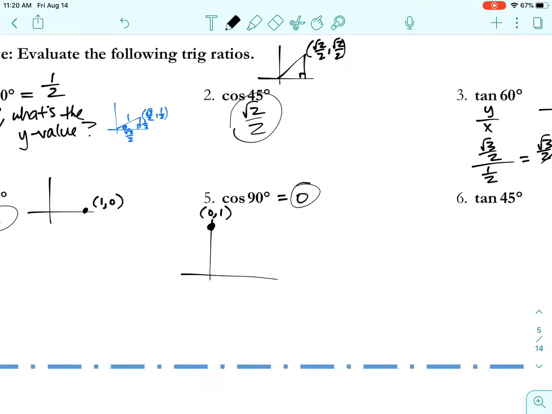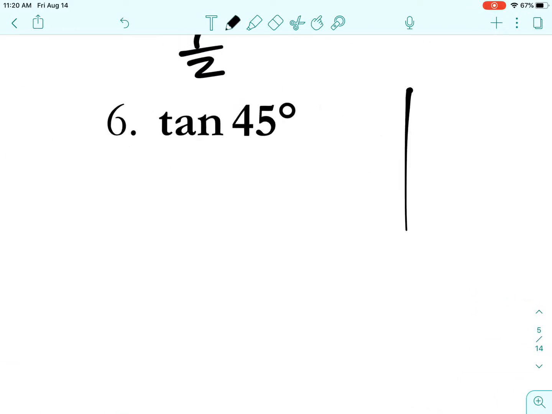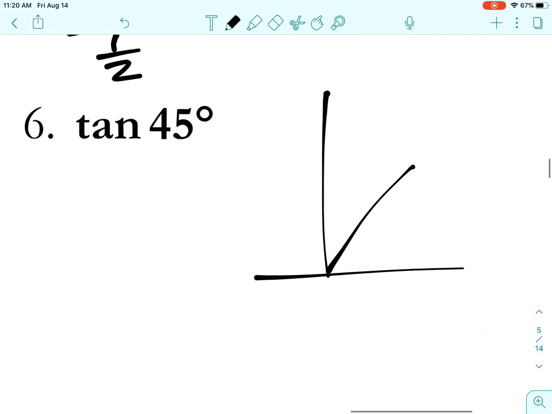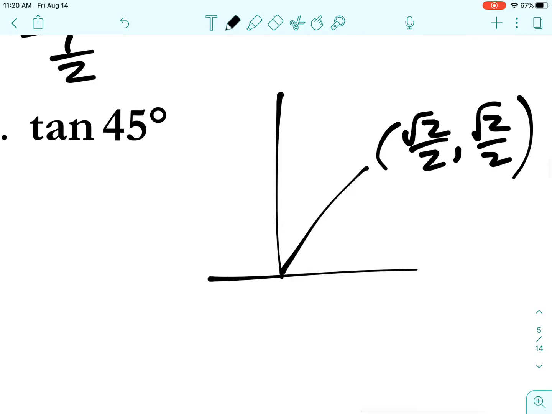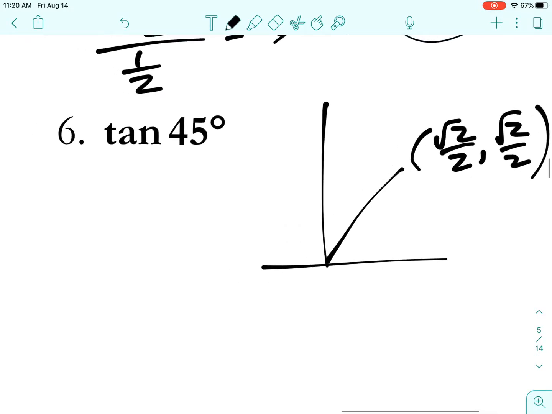One more, tangent of 45. Okay, cool. 45 degrees. Do you remember that ordered pair? It was root 2 over 2 and root 2 over 2. So when I do, remember tangent is y divided by x. Yes, it's the same thing as opposite over adjacent, but since we're in advanced trigonometry, I'm using y's and x's now.